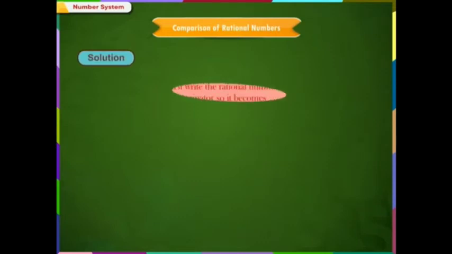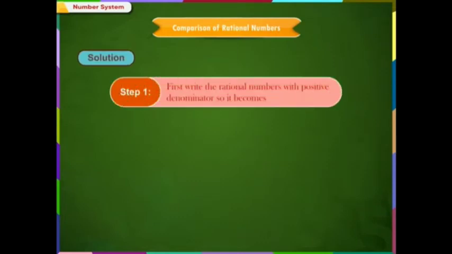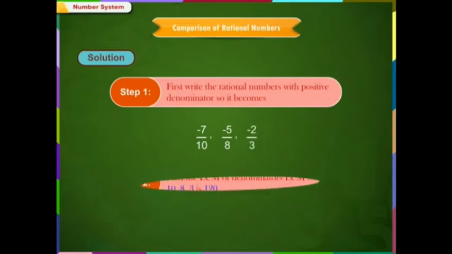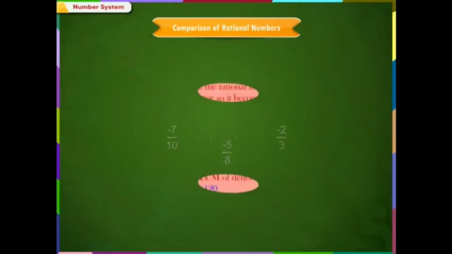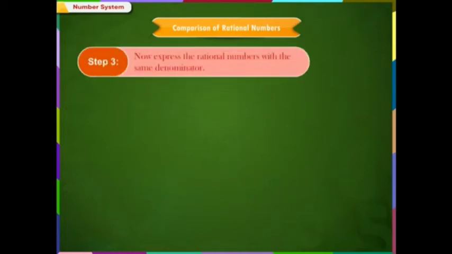Solution. First, write the rational numbers with positive denominator, so it becomes minus 7 by 10, minus 5 by 8, and minus 2 by 3. Find the LCM of denominators. LCM of 10, 8, and 3 is 120. Step 3.